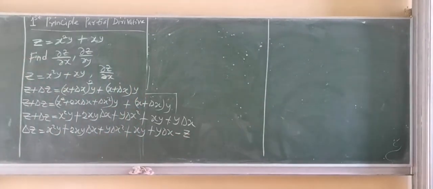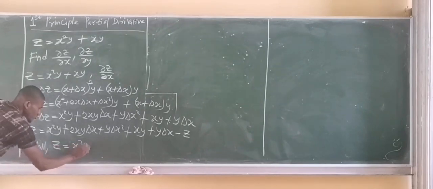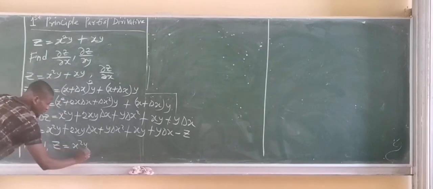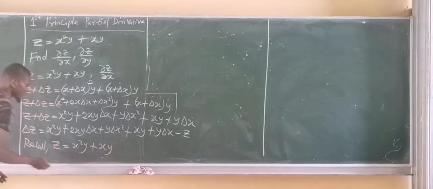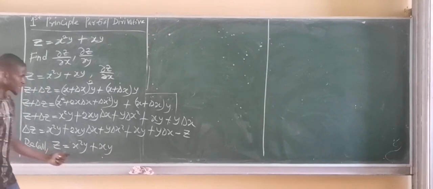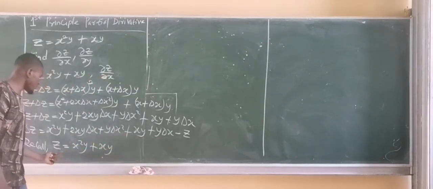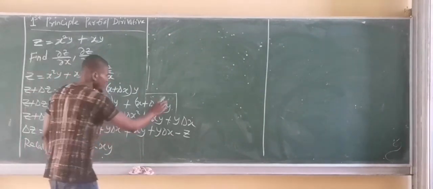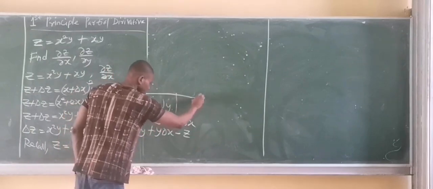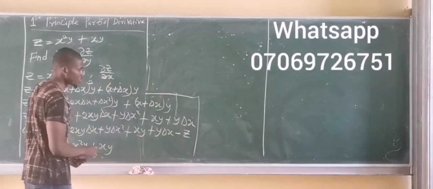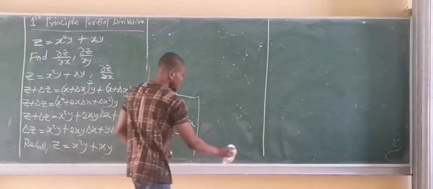Okay, so I have this equation here. Alright, so at this point, recall that z itself from the question was given as x squared y plus xy. So in place of z at this point, we'll simply put in this value.